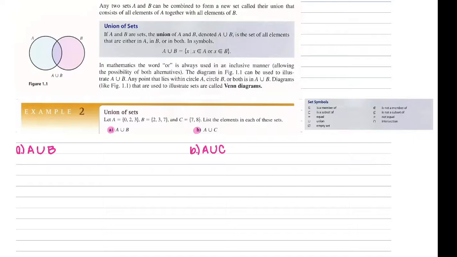List the elements in each of the sets. So for A, we have a union of A and B. That just means to write down every single number that's in both sets together. So literally unions mean that two become one. So when you do this, you're just writing out all of the numbers for each of the sets.